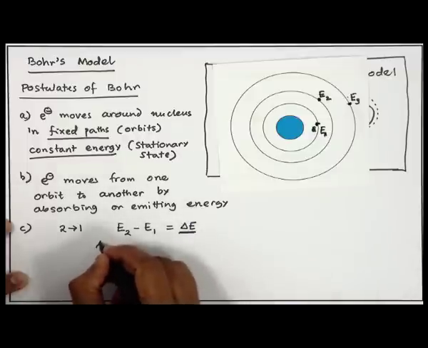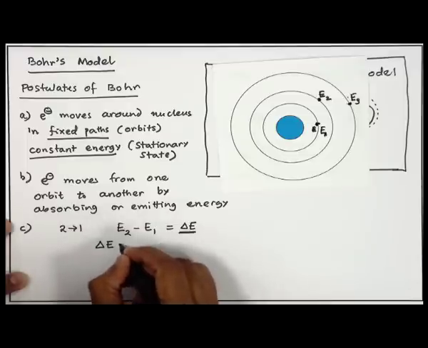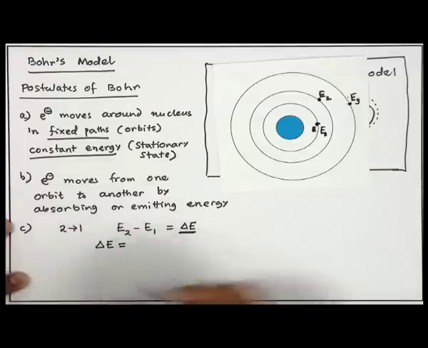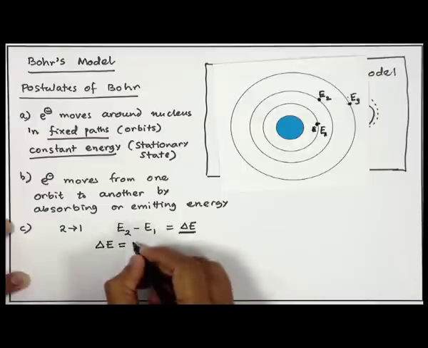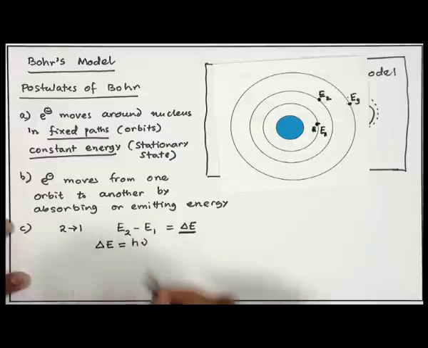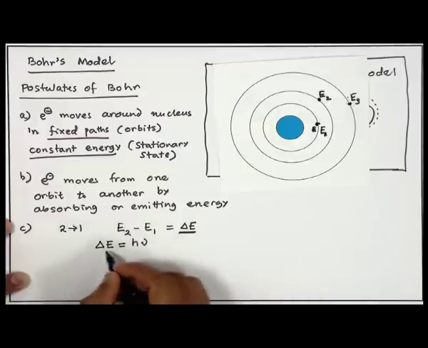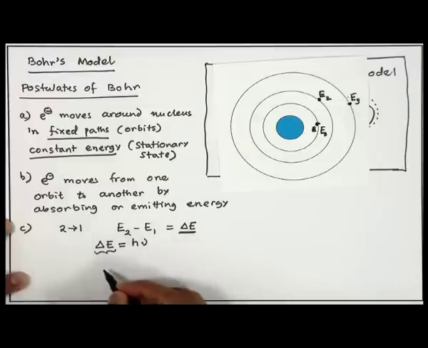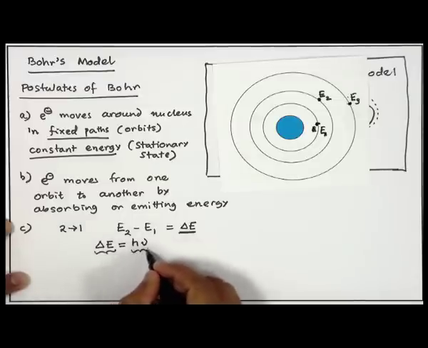When it emits this much energy, we know that the energy has an equivalence with the radiation in terms of its frequency. This was given by Max Planck. So, he said that if there is an energy E, it is associated with a radiation, the radiation will have frequency nu.